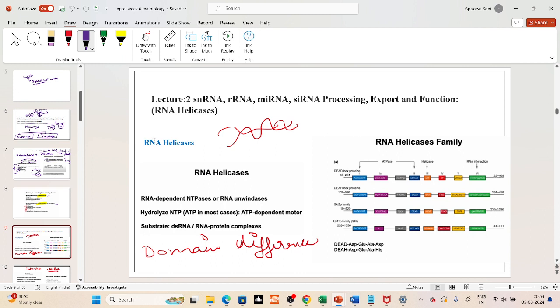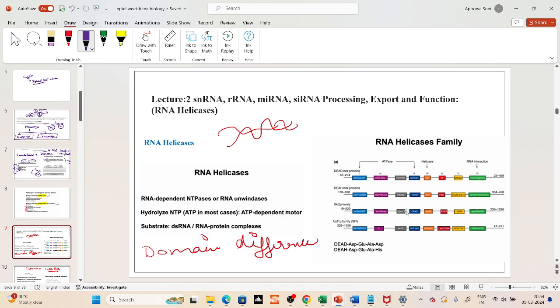So RNA helicases are required for the unwinding of RNA, and for the unwinding process they need energy. That means they mostly hydrolyze ATP, and their substrate is either double stranded RNA or RNA protein complexes.